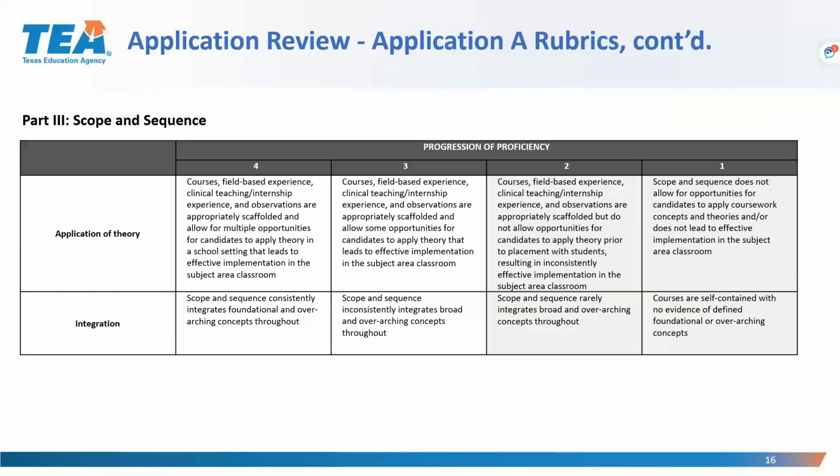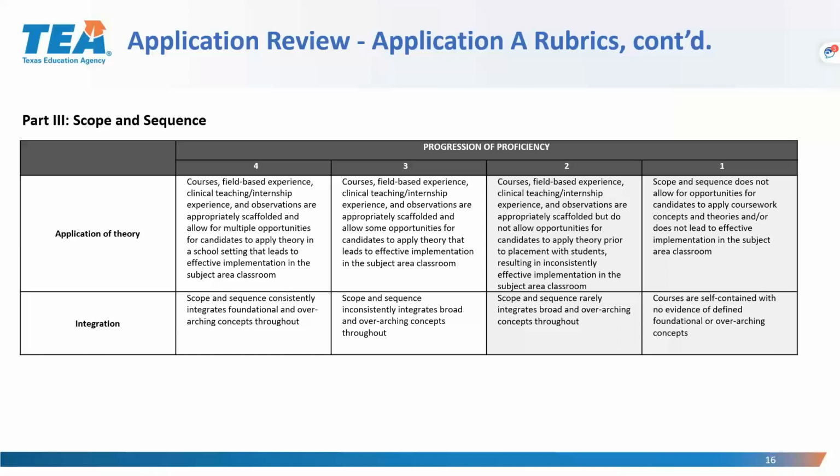This is the rubric that TEA will use to evaluate the scope and sequence document. Let's take a moment to look it over. TEA will verify that programs are structuring their courses in a way that allows candidates to be successful in the classroom, such as providing courses that would benefit a candidate's training requirement before they step foot in the classroom.